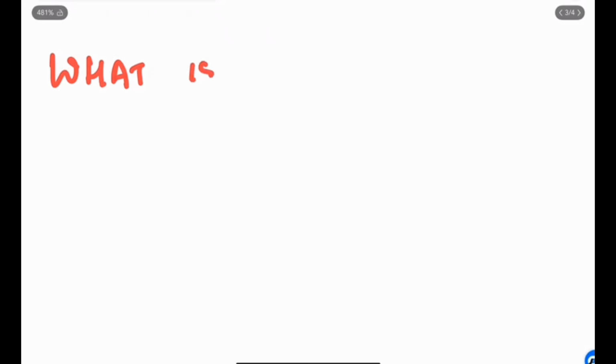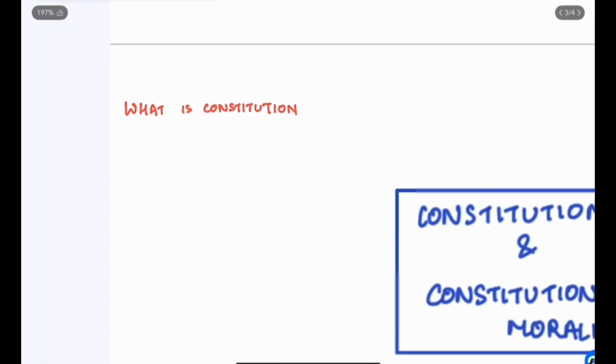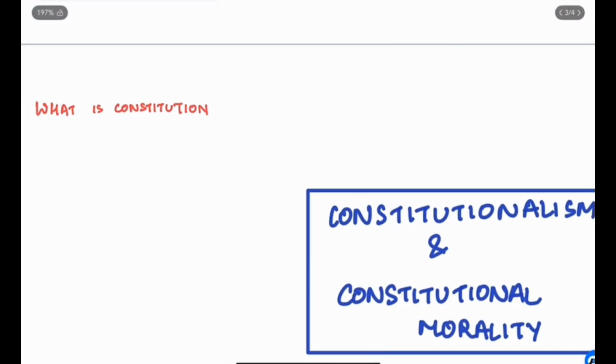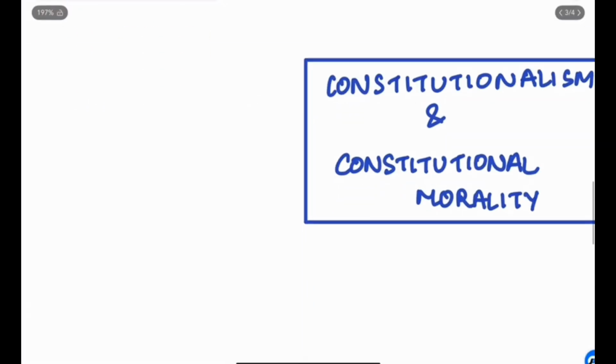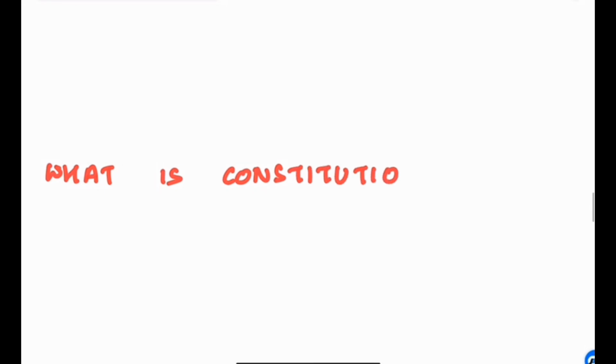What is constitution? Then what is constitutional morality?